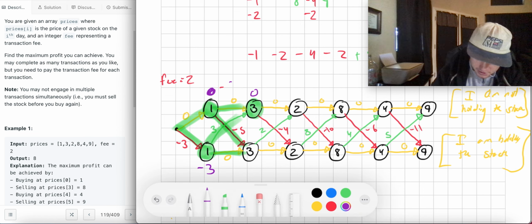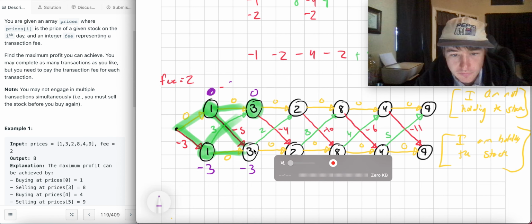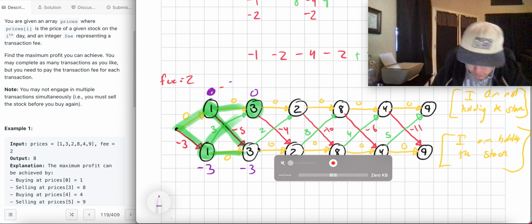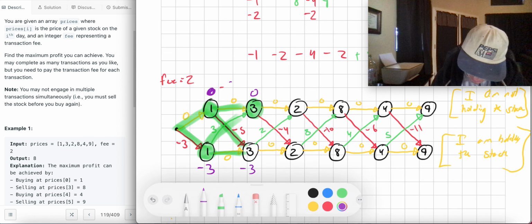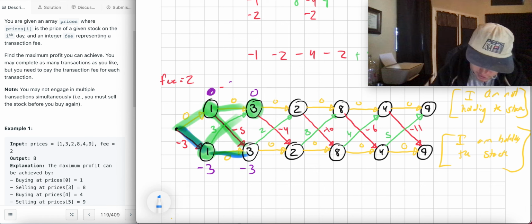So the best would be just to stay at -3. So this selected path so far is here. I'm just trying to think about how I'm going to do this so it's optimal. Here and here, and this node took here and here.